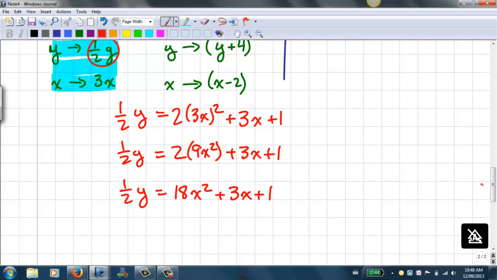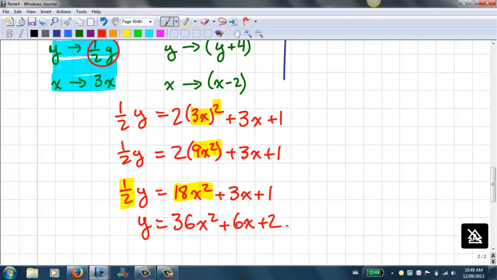So we get 1/2 y is equal to 2 times 3x squared plus 3x plus 1. The 3x squared becomes 9x squared inside the bracket, and 2 times 9x squared becomes 18x squared. Now if I go ahead and multiply everything by 2, I get y is equal to 36x squared plus 6x plus 2.